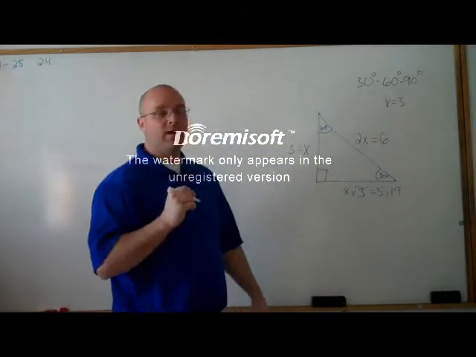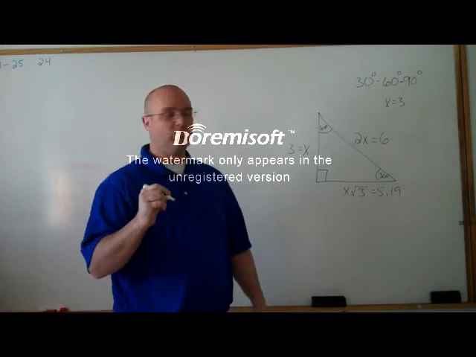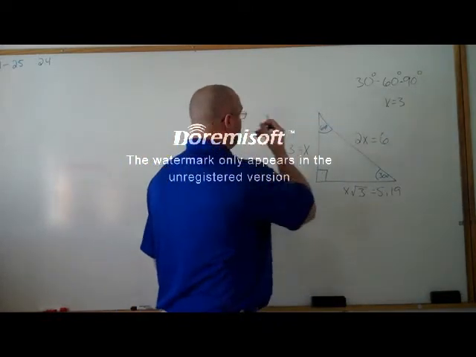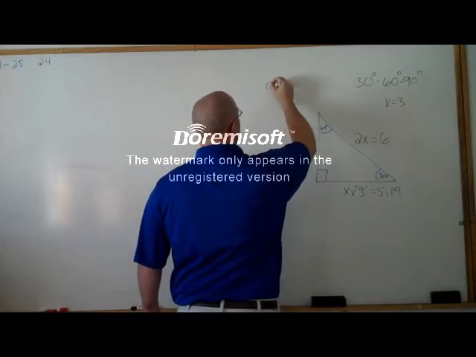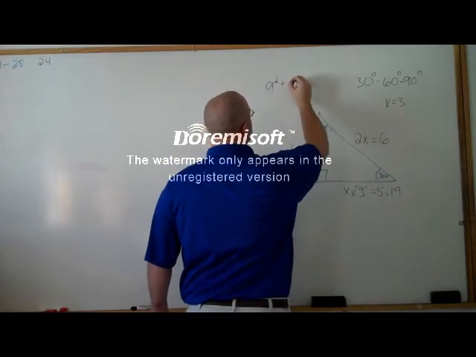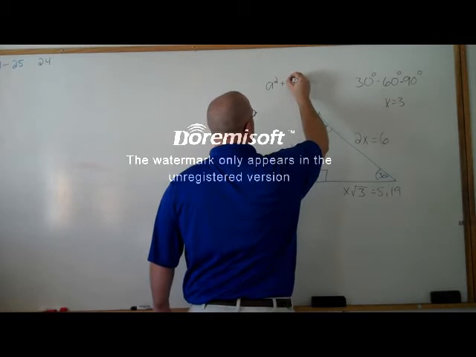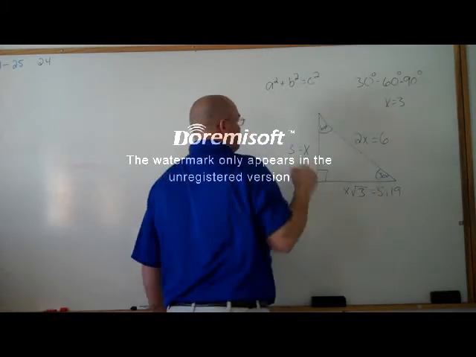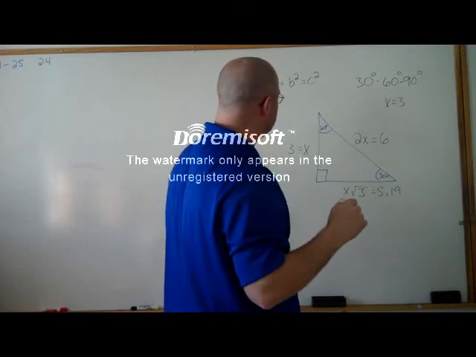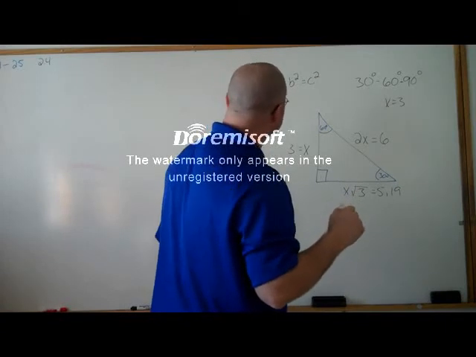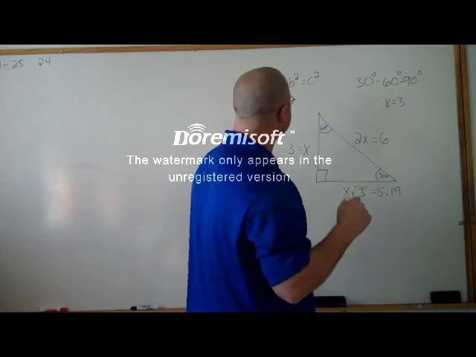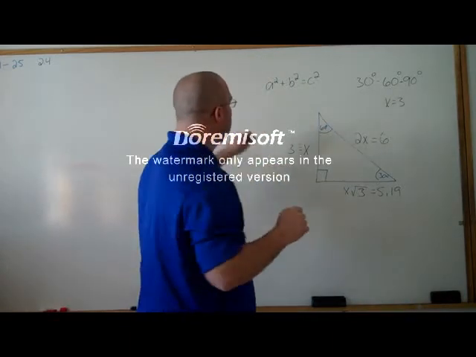So now we're going to do our math, right? We know x equals 3. A squared plus b squared equals c squared. What's A? A is going to be 3.